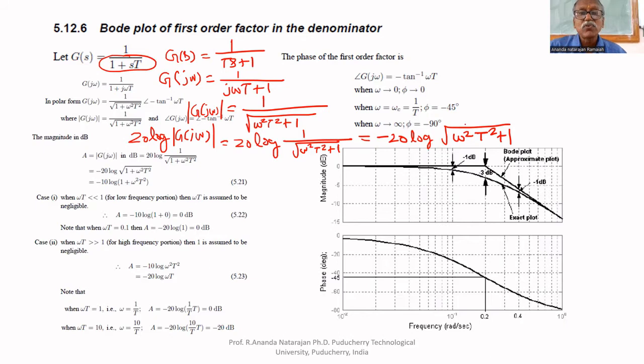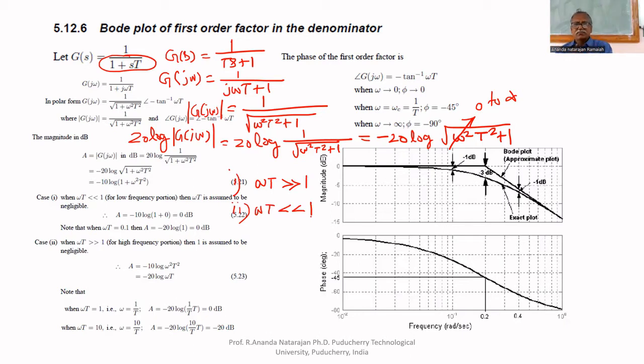For this, how to draw the magnitude plot? We have to vary this omega from 0 to infinity, and for that we have to draw the magnitude plot. For that, we are considering two cases. Case one is omega tau far greater than 1, and the other case is omega tau far less than 1.